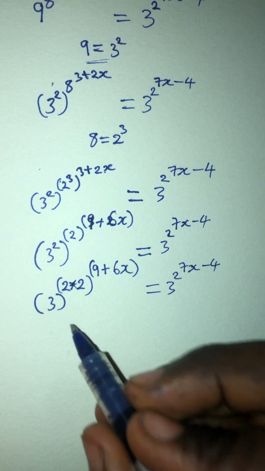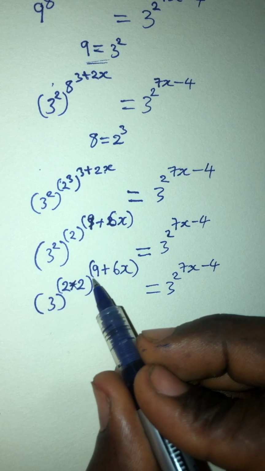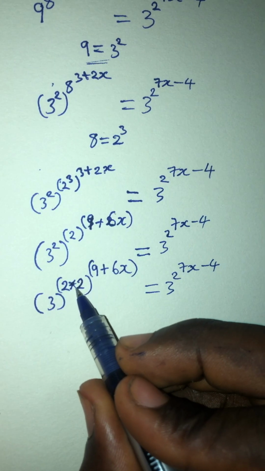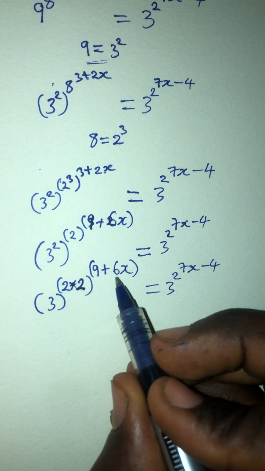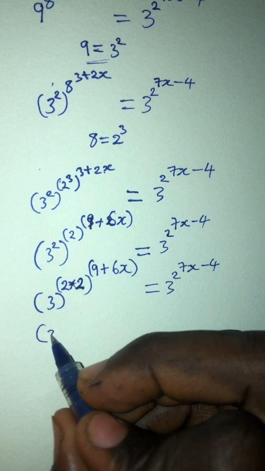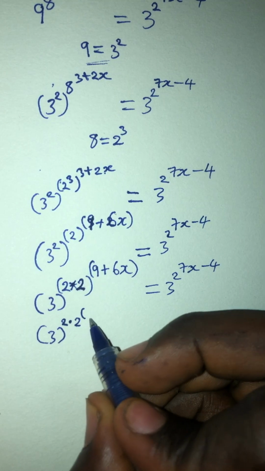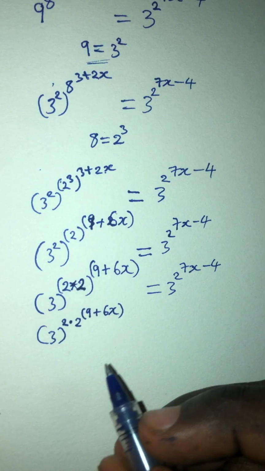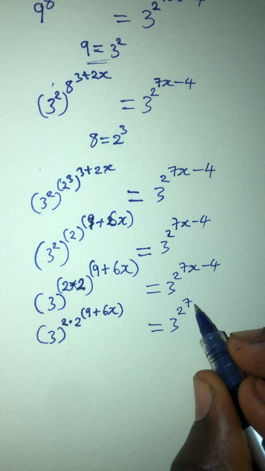So from indices, we know that this 2 times 2, since this 2 is having 1 on top, literally is this particular 2 that is having this power here. I shouldn't have put in this comma. This is how the equation should be: 3 raised to power 2 times 2 raised to power 9 plus 6x is equal to 3 raised to power 2 raised to power 7x minus 4.